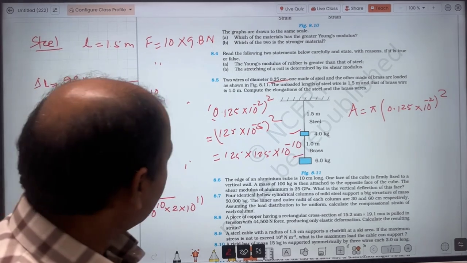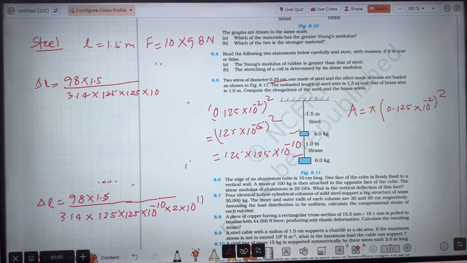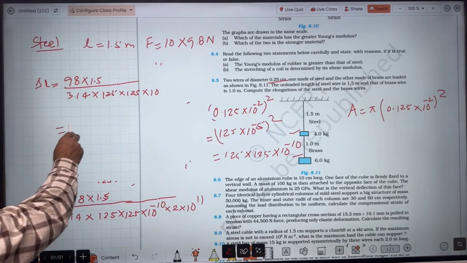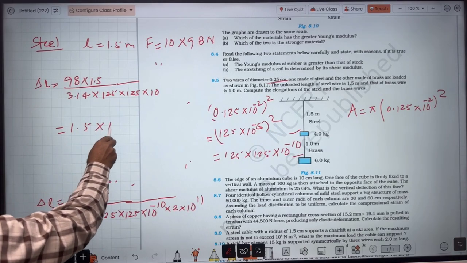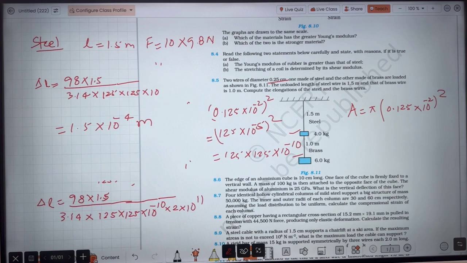So its answer would be, you can take time to evaluate it. So it will be 1.5 into 10 to the power minus 4 meter almost.